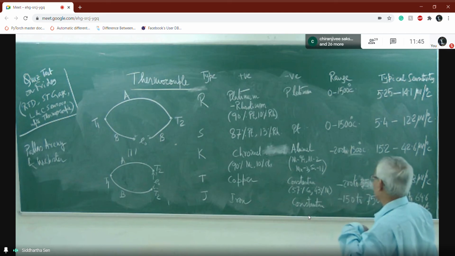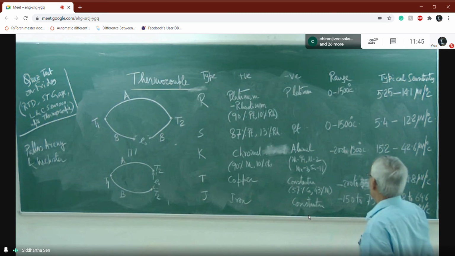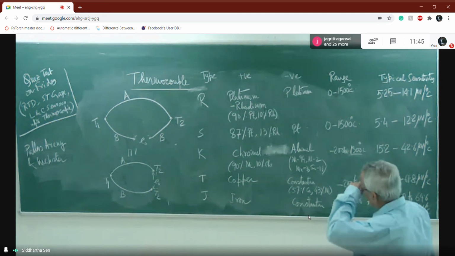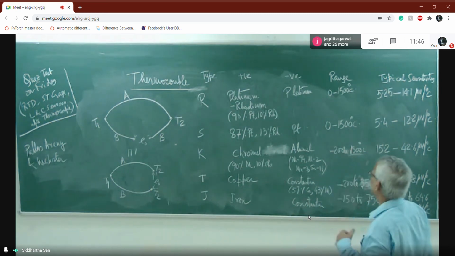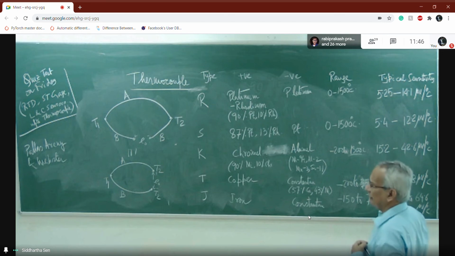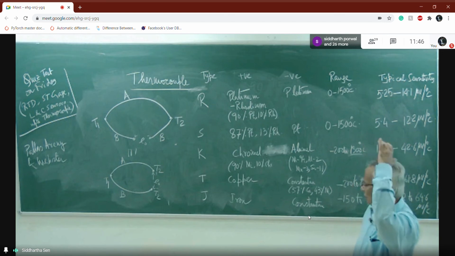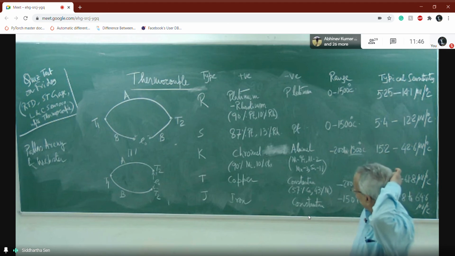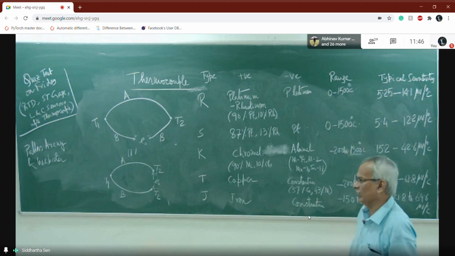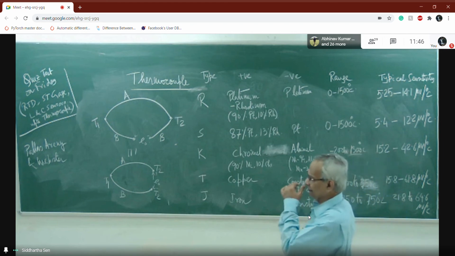For lower temperatures, we use copper constantan or iron constantan. For higher temperature measurement, we use platinum rhodium or chromel alumel. If you go to any industry, in a furnace or a boiler where you want to measure high temperature, these are the things you will find.